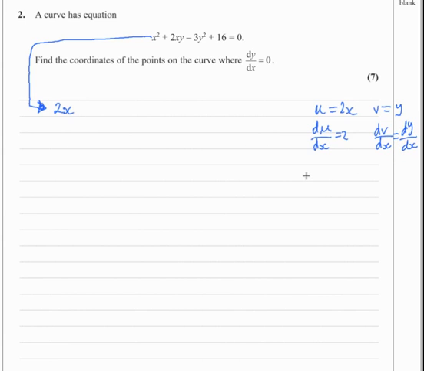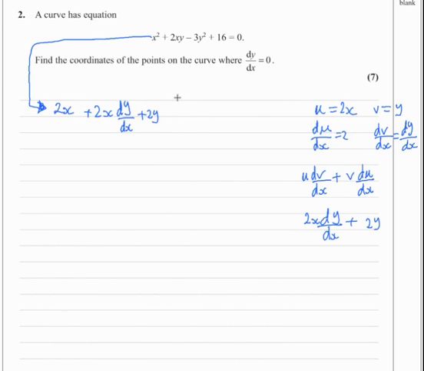And then the product rule is u dv dx plus v du dx. So I have u times dv dx, so that's 2x times dy dx, plus v du dx, so that's 2y. So the 2xy differentiates to this, 2x dy dx plus 2y.